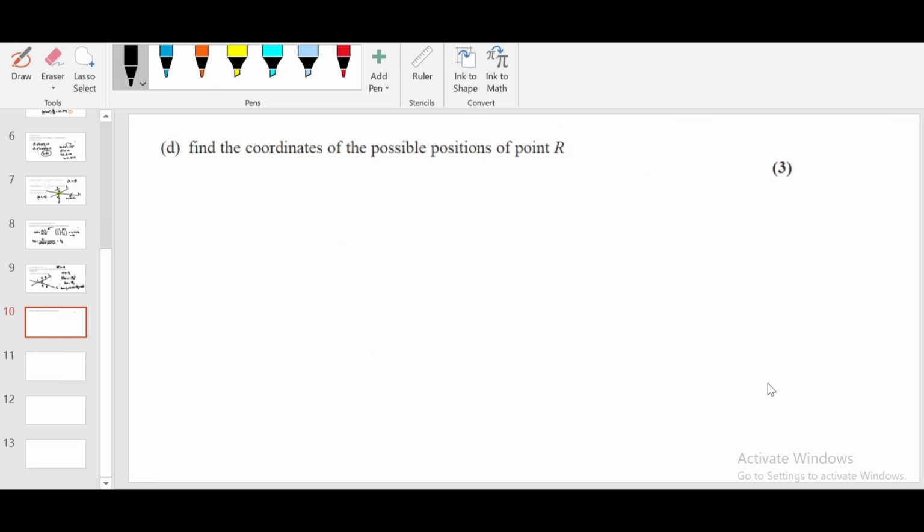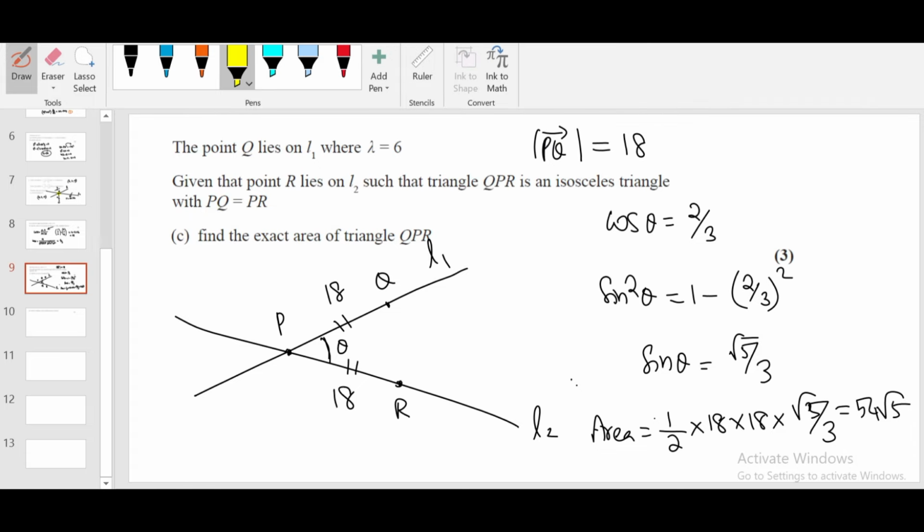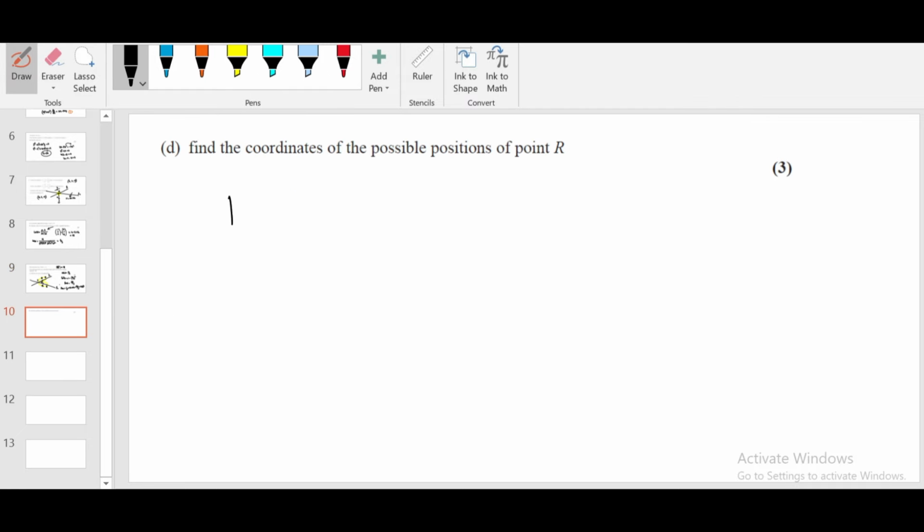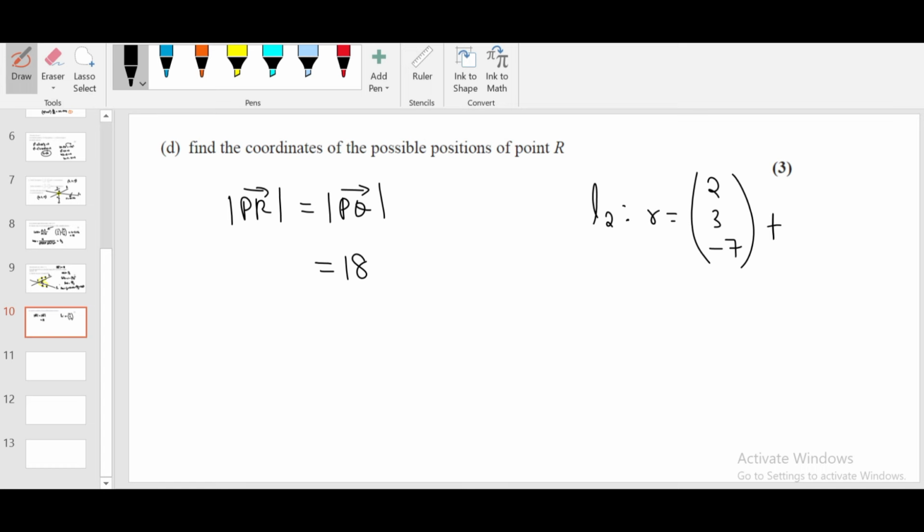Now the next part says find the coordinates of the possible positions of R. From the figure we know these two lengths are same. So basically modulus PR is same as modulus PQ, and we know modulus PQ is 18. Let's find PR vector. R lies on L2. The equation of L2 is 2, 3, minus 7 plus mu times 4, minus 1, 8.